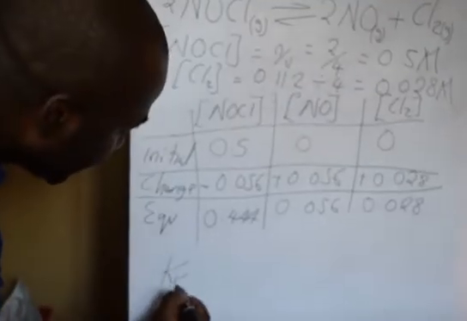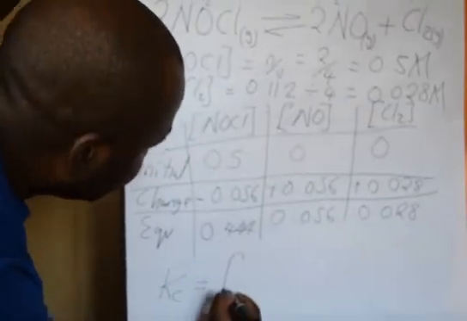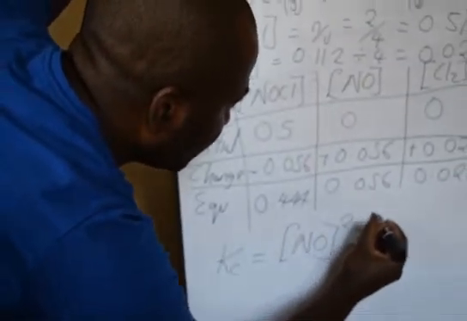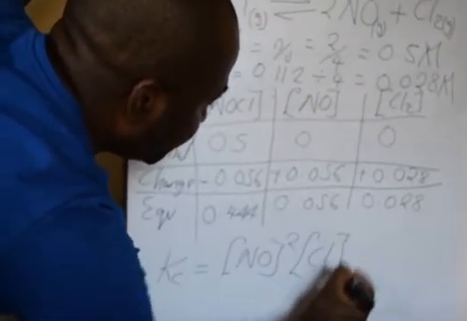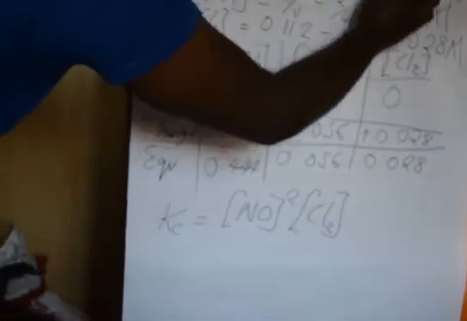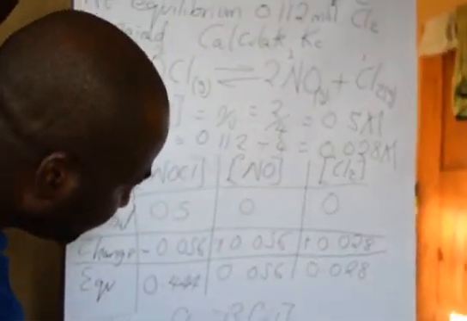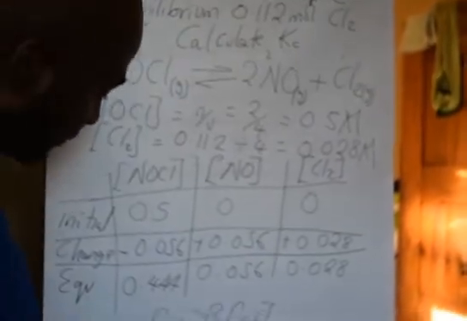So to find the Kc, you simply say Kc equals NO squared times Cl2. Why squared? Because there's a 2 in front there. Cl2 has no power because its coefficient is 1, over NOCl squared also. Then you put the values there.